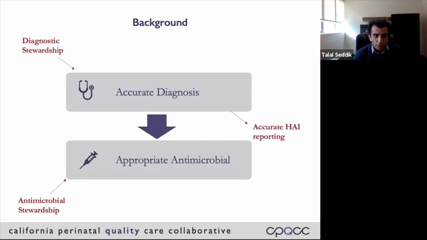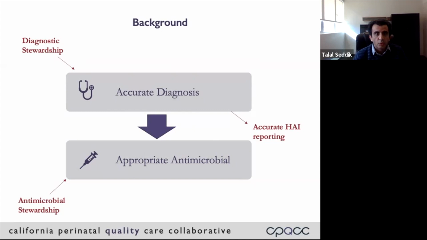One of the things that we included in the toolkit that is underutilized as a method of decreasing antimicrobial use is diagnostic stewardship. And also you want to prevent excessive antimicrobial use once the diagnosis is made, so that's where antimicrobial stewardship comes in.